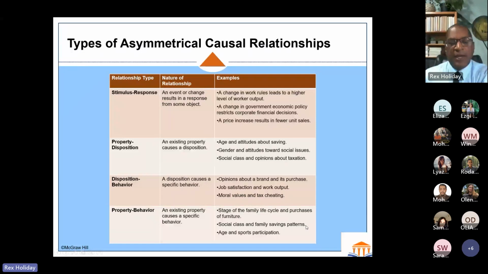So social class and family savings patterns. This is something that I've observed firsthand, where there's a tendency, if you watch certain families, again, this is just on average.